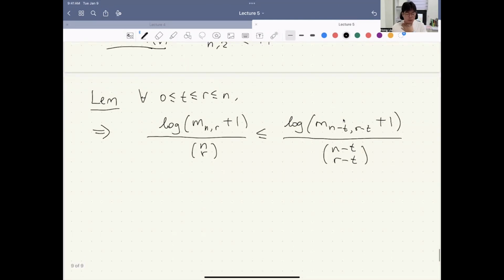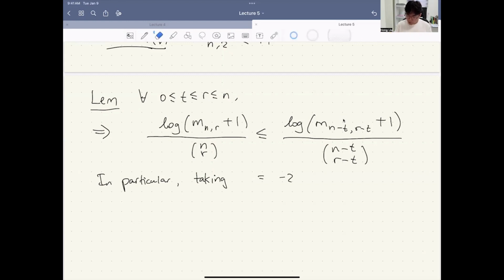If you take t equals to r minus 2, in particular, what do we get?